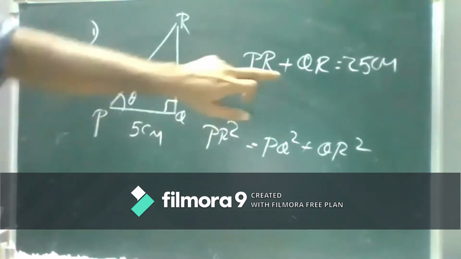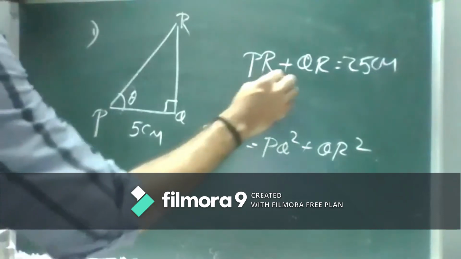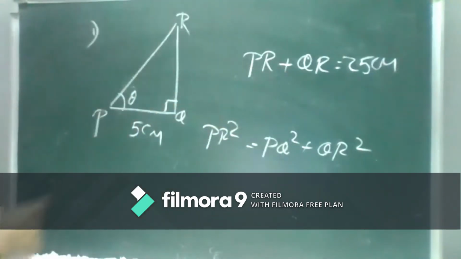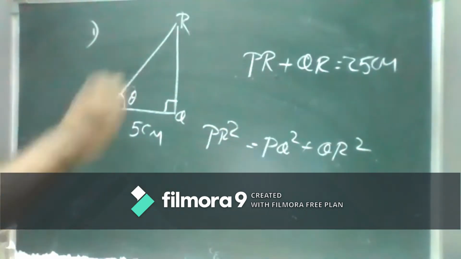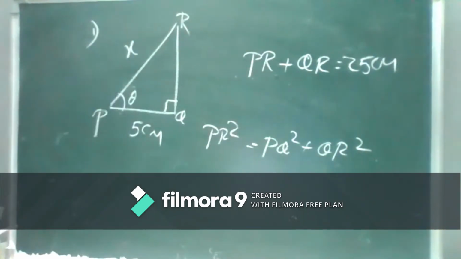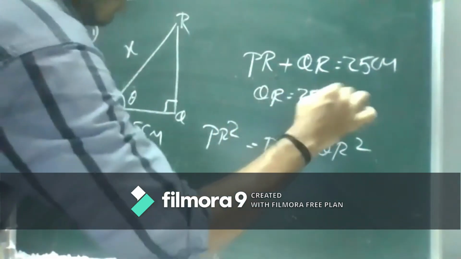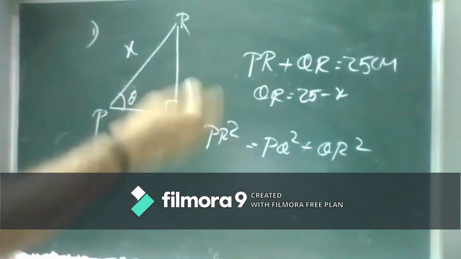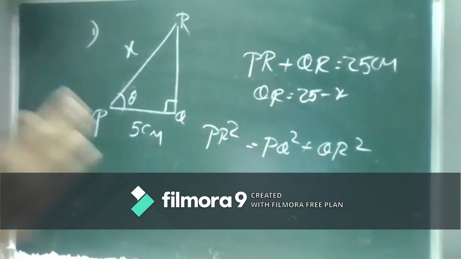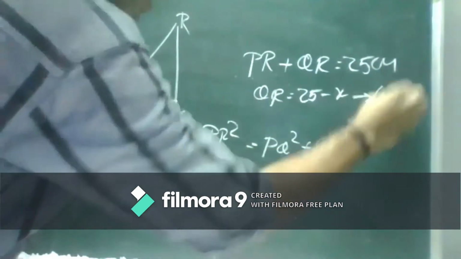PR is your hypotenuse, so I'll take PR as x. Then QR is equal to 25 minus x. Assume this is your first relation.